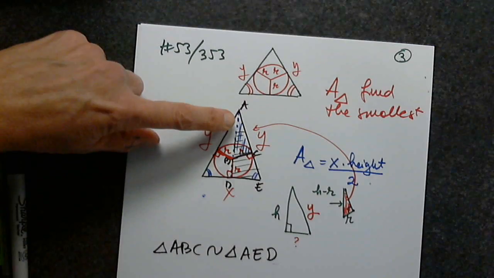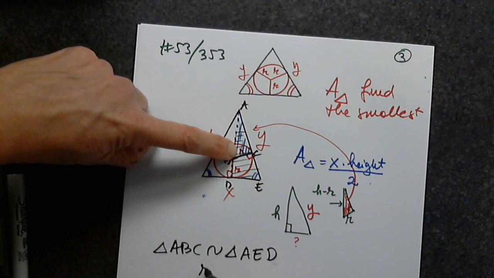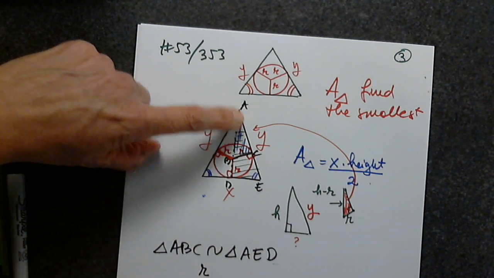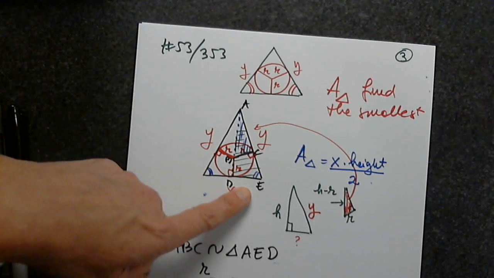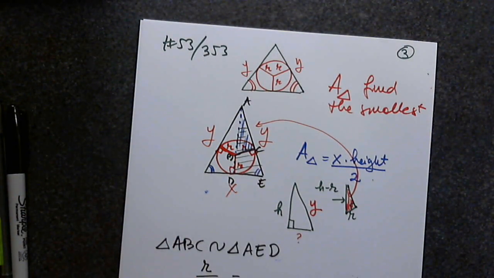Careful, careful, careful. The opposite of A in the small triangle is r. The opposite of A in the big triangle is x over 2. So for sure, in an isosceles triangle, the height is also the median.